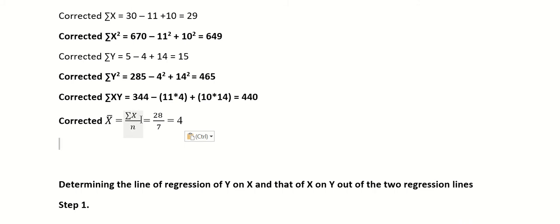So corrected mean is summation of x upon n. Now the correct summation of x is 29, right? And the number of observations was given to us in the question, that was 12, right?